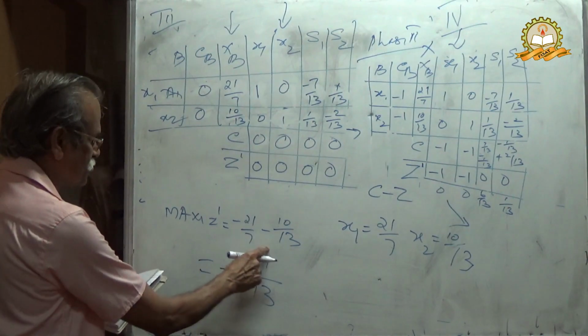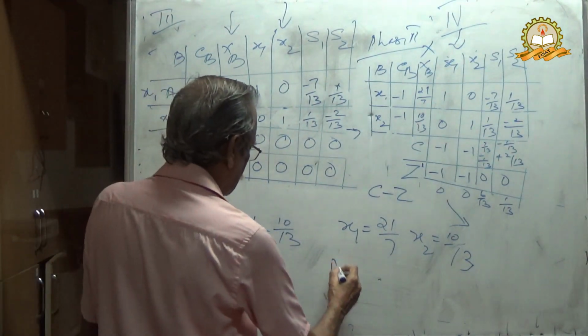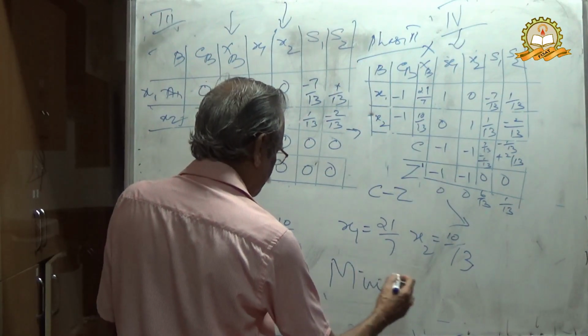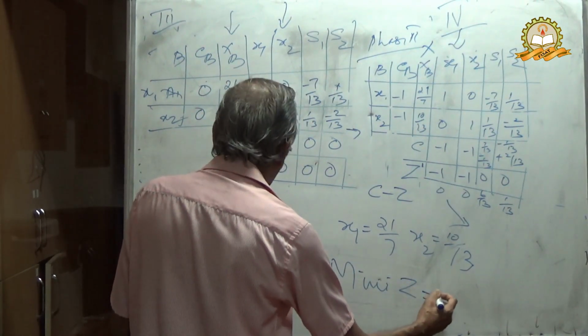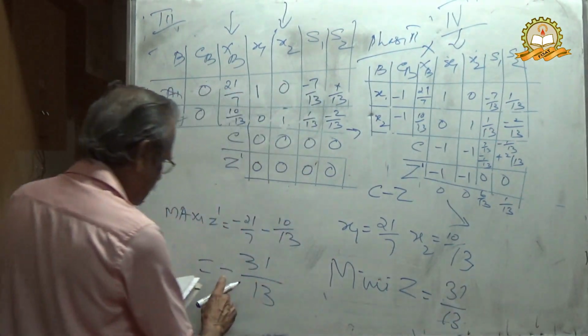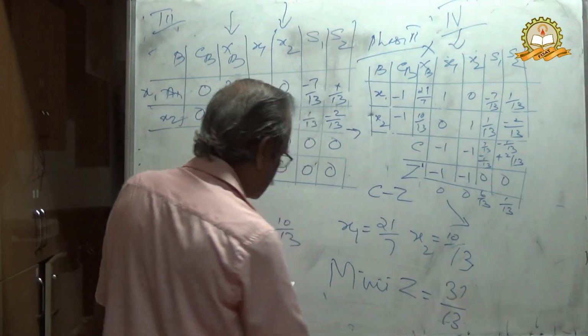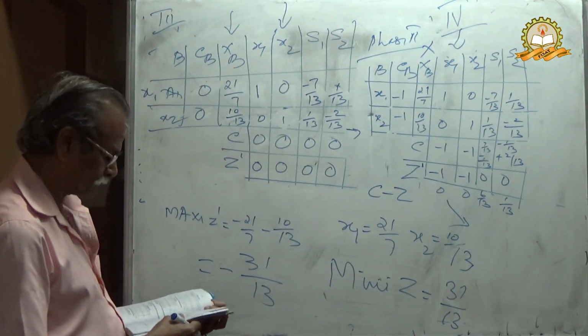That is the maximum. But the given question is minimization. Therefore, minimum Z equals 31 by 13, with a sign change. Here negative 31 by 13 is the maximum. Therefore, the minimum is 31 by 13.